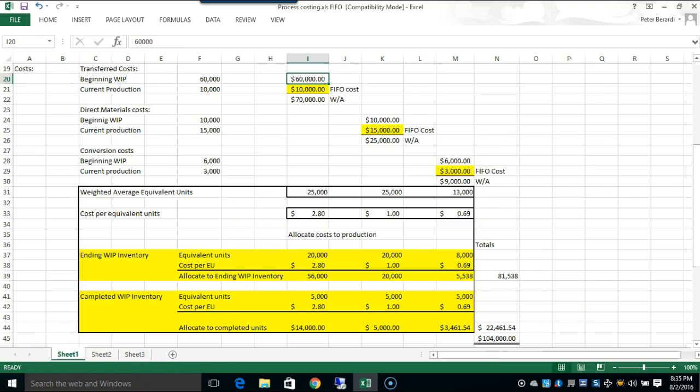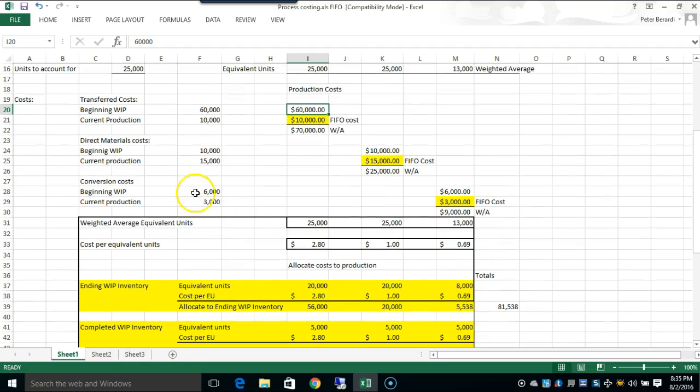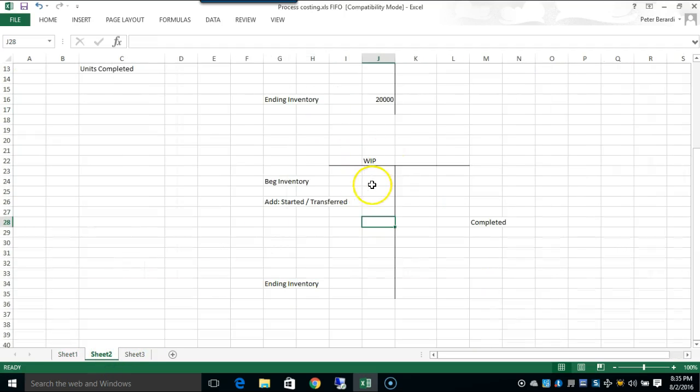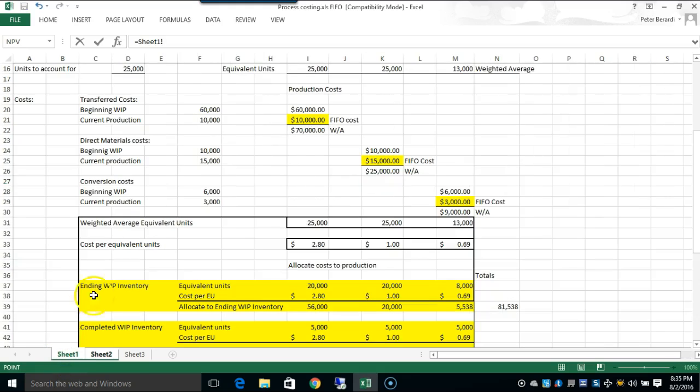So let's show this in a T account so you can see that that's all this is, another fancy way of showing your WIP account in dollar terms. Our beginning inventory costs have been given to us. So it's transferred costs beginning plus direct materials beginning plus conversion costs beginning.